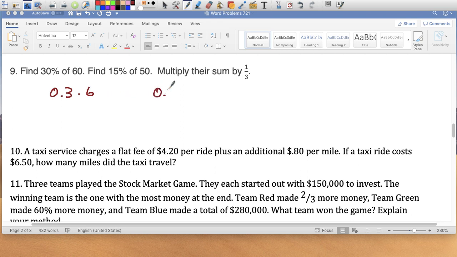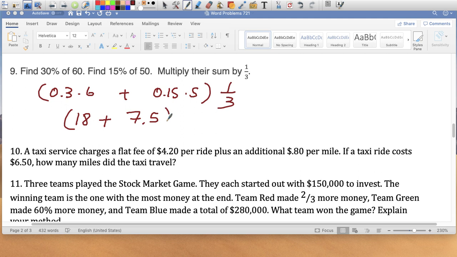and 0.15 of 50, right? So we're going to add those two and then multiply it by 1/3. That's what he's saying. Right, so 30% is 18 and 10% is 5, so this is 7.5, right? 7.5.